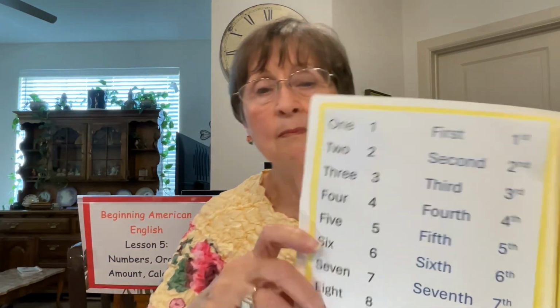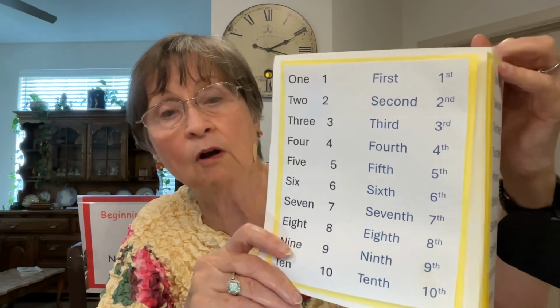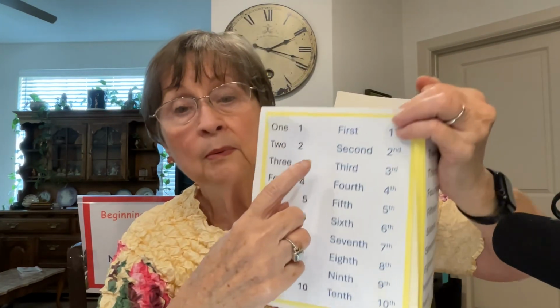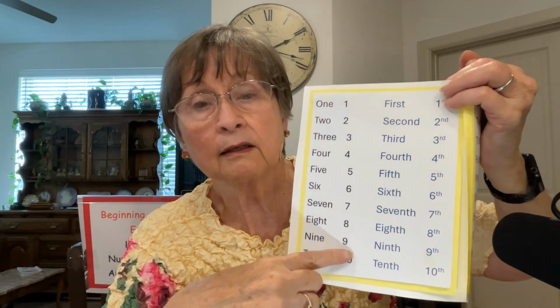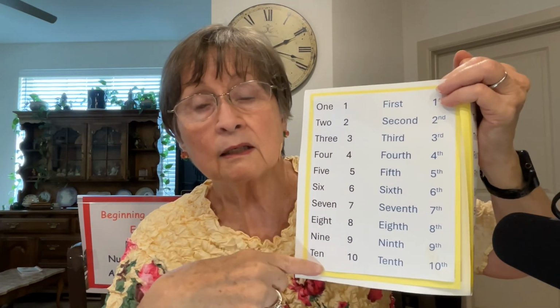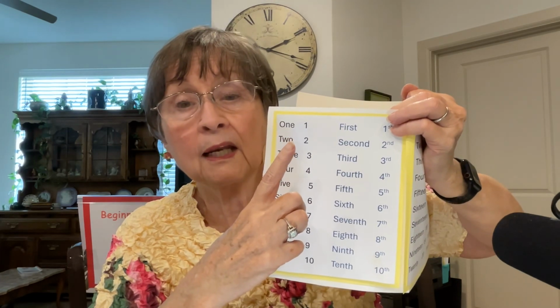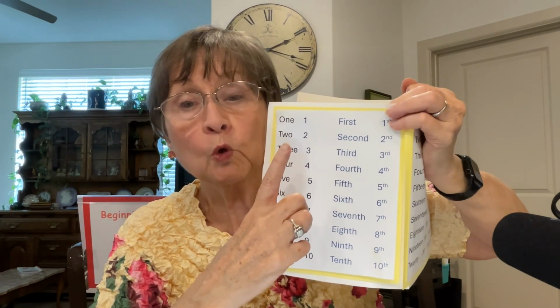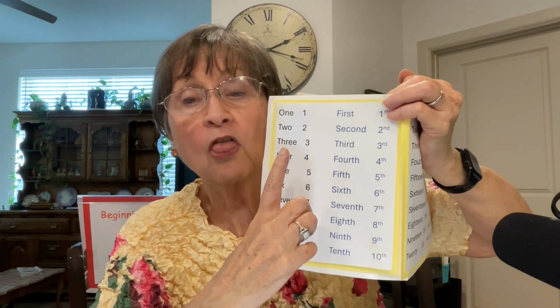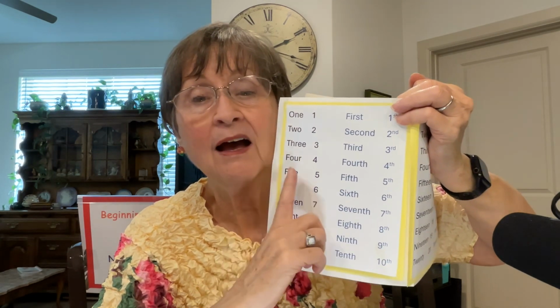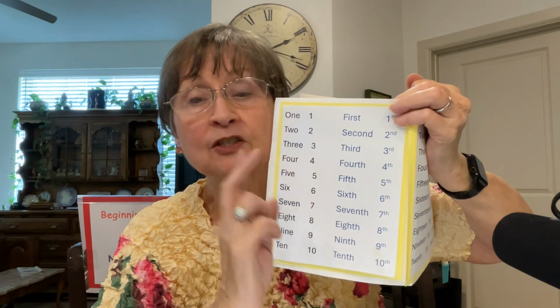So let me fold this back so you can see my mouth as we talk about pronunciation. You probably know what they look like. This is what we call them in English. This is pronounced 1, 2, 3, with the TH. 4 has 2 sounds.